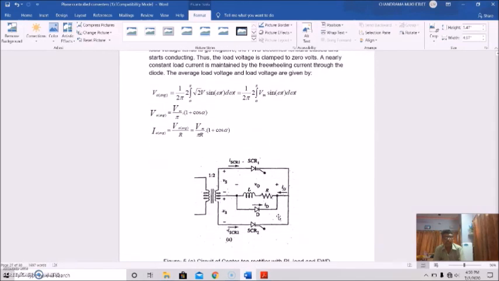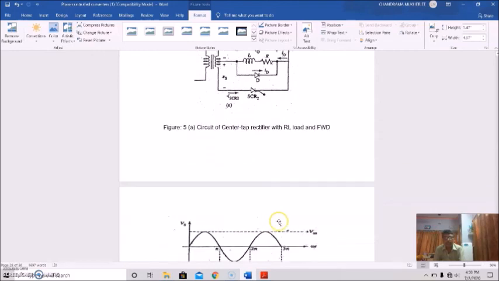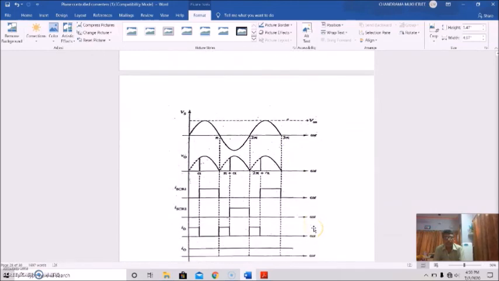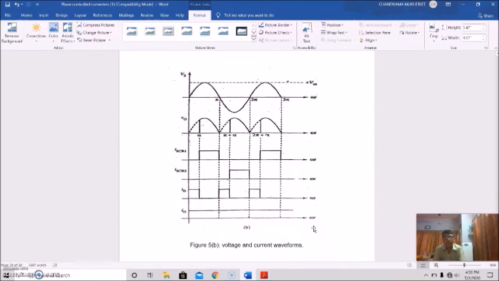And after that we discussed connecting a freewheel or flywheel diode across this load, and we got the clear modification of the waveforms of the voltage and the currents in the presence of this freewheel diode.